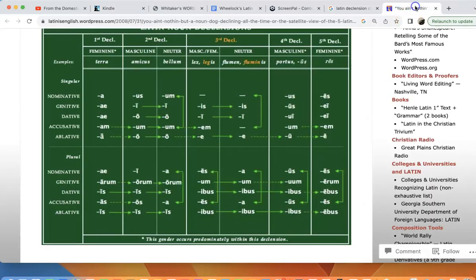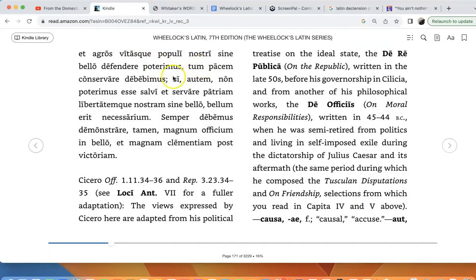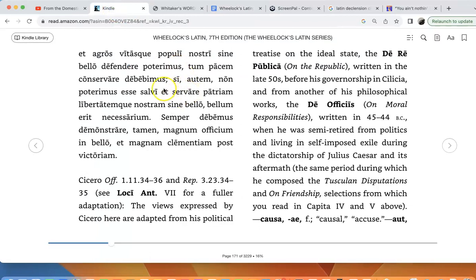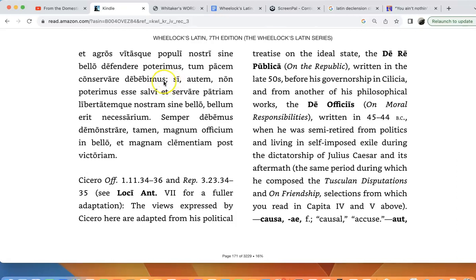Pacem is third declension, accusative singular. And so that is our direct object. And then we have a semicolon, which was more common back then. Actually, they didn't use any punctuation, but until the latter half of the 20th century, people used a lot more semicolons. Sed means but, if, or it can also mean however. So you can decide here how you want to do this.